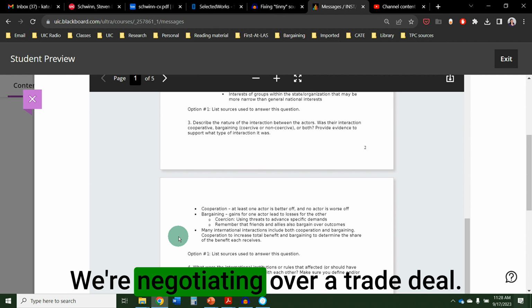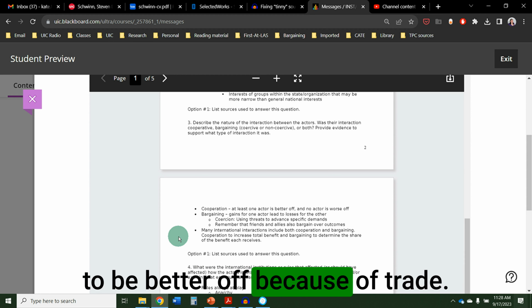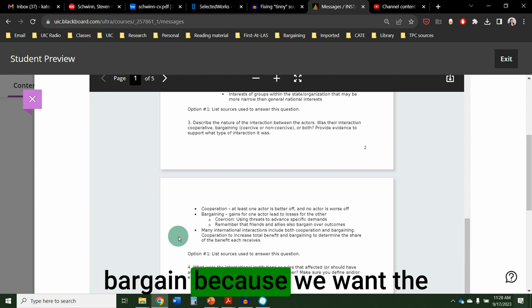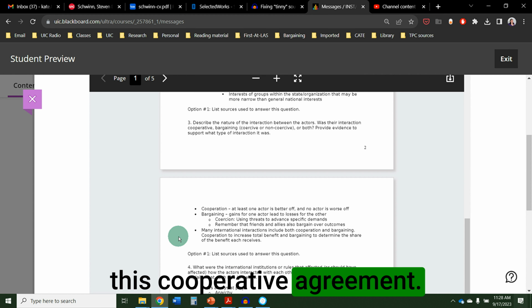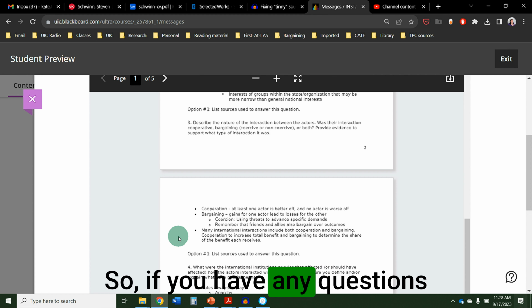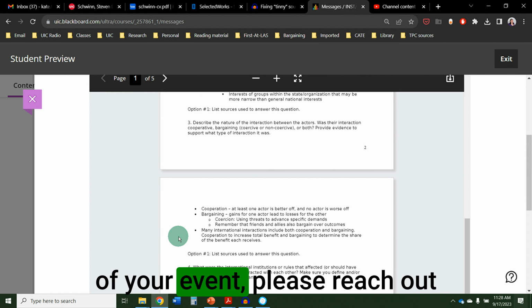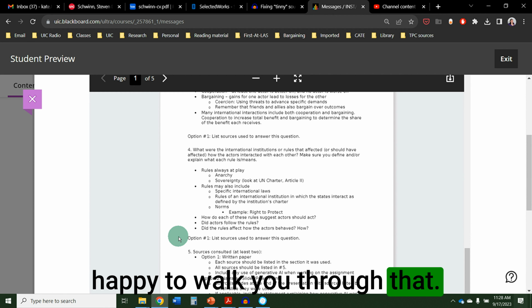We're negotiating over a trade deal, so that's cooperation. We want to be better off because of trade, but we're going to drive a hard bargain because we want the best deal for ourselves within this cooperative agreement. If you have any questions about the nature of the interaction of your event, please reach out to me or the TAs and we'd be happy to walk you through that.